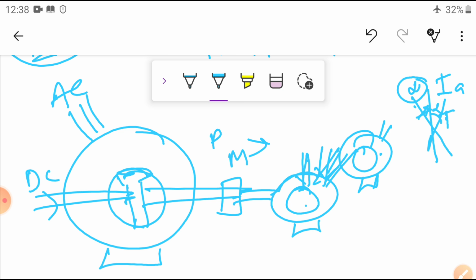Then suddenly the load is removed. At that condition, alpha changes once again to a new value. Then the torque required also has to change. Alpha changes, the armature current drawn from the supply changes, and the torque also changes.